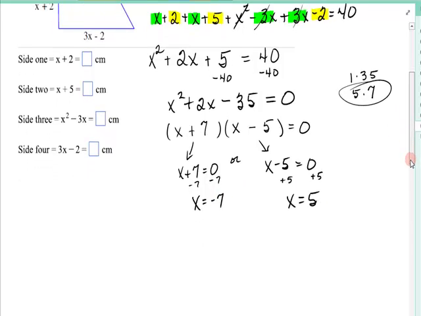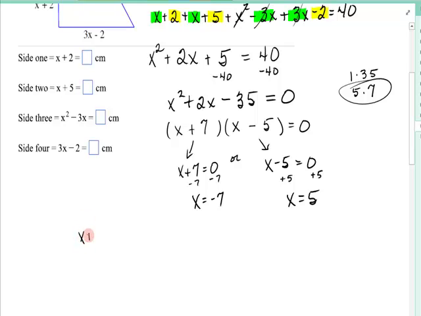So I have x plus 2. I have x is negative 7, and I have x is 5. This is getting a little messy. I'm so sorry. In fact, I'm going to clean it up because that's embarrassing.